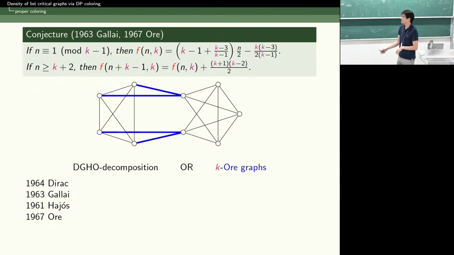It was used by Dirac, Gallai, Hajós, and Ore, but we give it this name. We call it the k-Ore graph. And his conjecture was, if you start with lots of these complete graphs on k vertices, and you keep doing these DGHO decompositions, so you keep combining these complete graphs, or a complete graph and some other graph, until they're connected, then you will still have a k-critical graph.